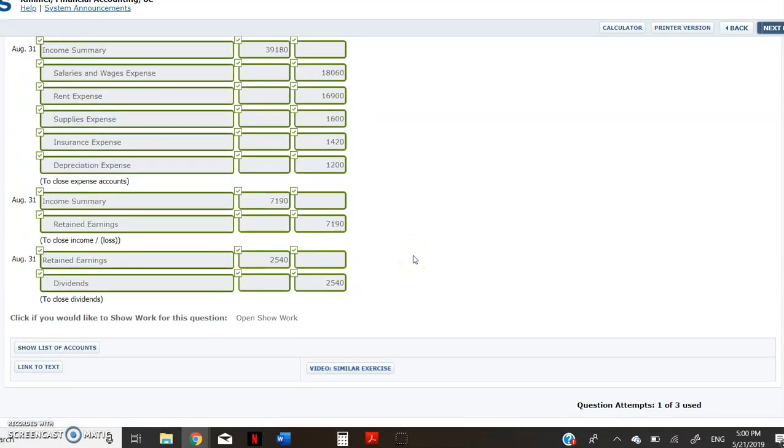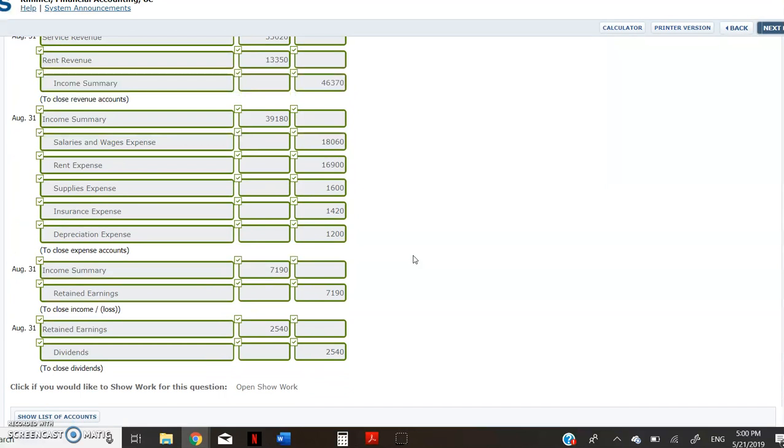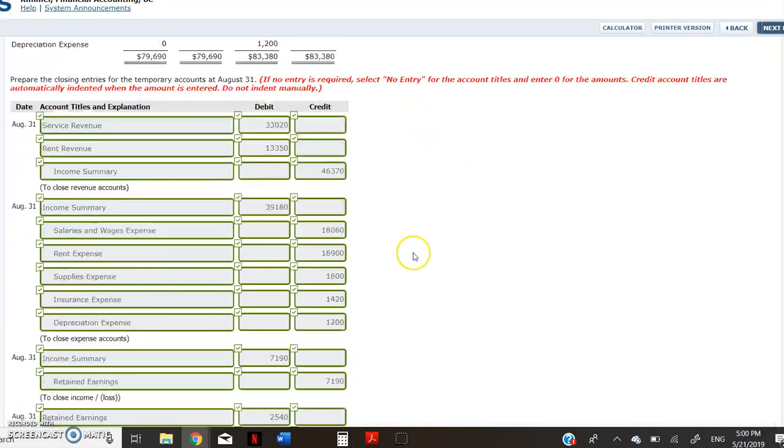Now the next part, we're going to close income and loss. This one can be kind of tricky if you don't remember the step.